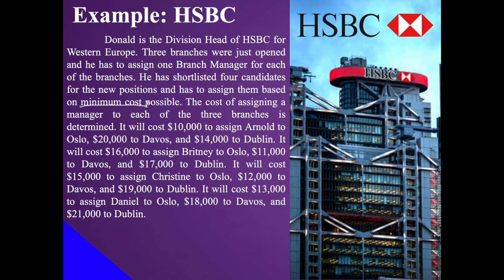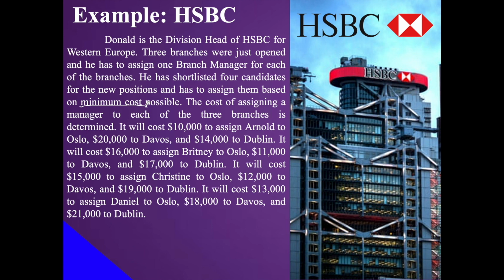So, kapag si Arnold is nasa Oslo, $10,000 ang gastos. But if we assign Arnold to Davos, magiging $20,000. And kapag sa Dublin, $14,000. So, yun yung cost if si Arnold ang ating i-assign sa tatlong location na yun.